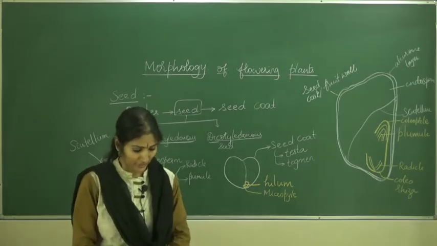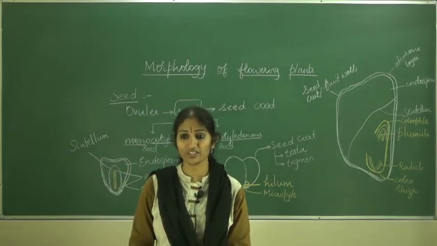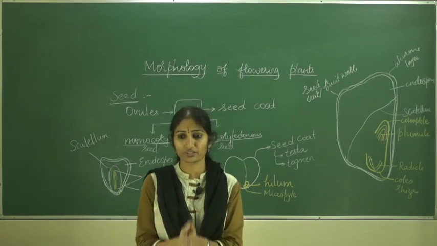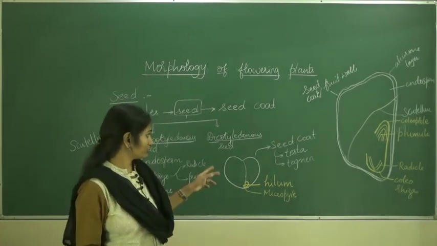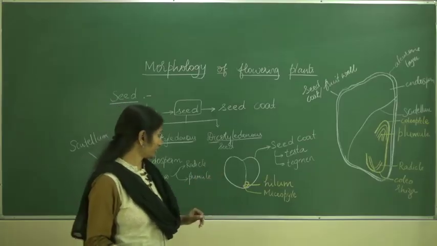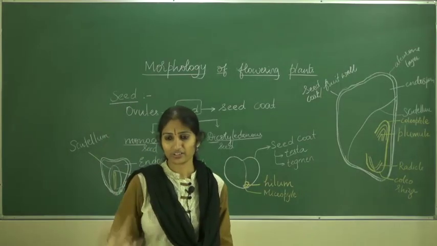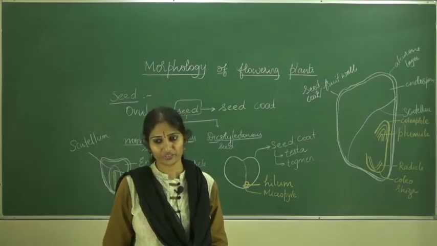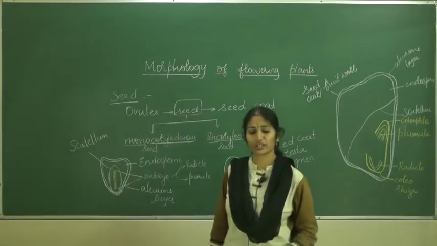Just to give you another quick review: in the case of dicots there are two cotyledons. Open it up and you see the plumule and the radicle, and you can very clearly make out the structure. In the case of monocots, you see a structure very much like our tooth.